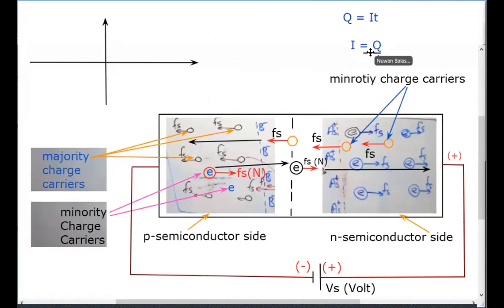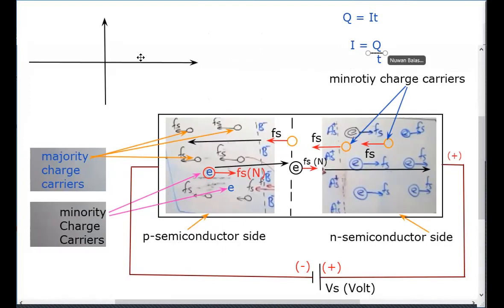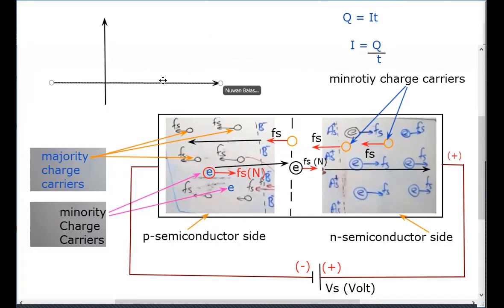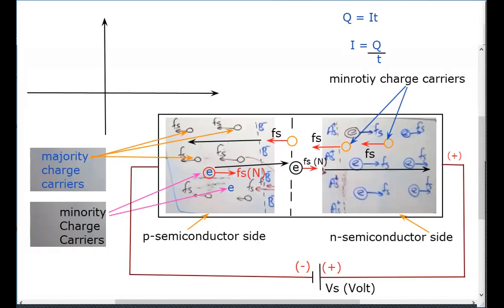If one direction is taken as positive for the voltage, the opposite direction should be negative. Earlier, the positive terminal was connected to the P side and the negative terminal to the N side.